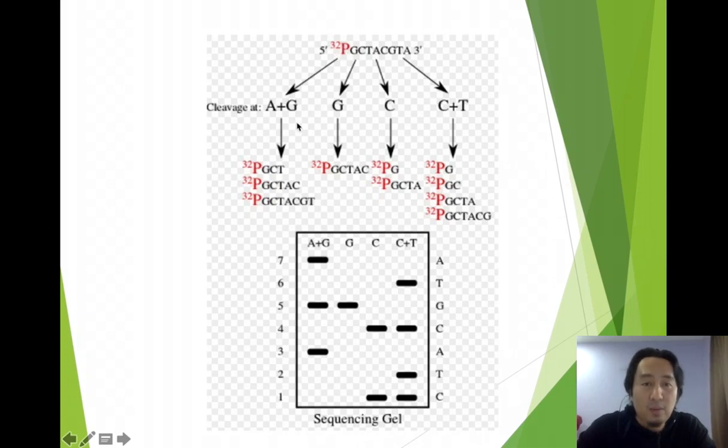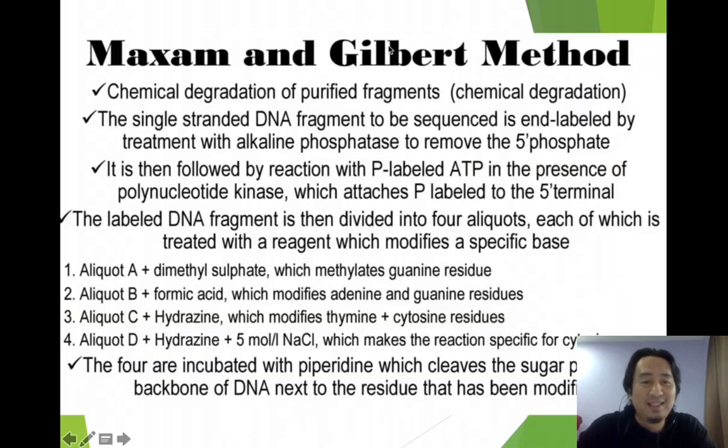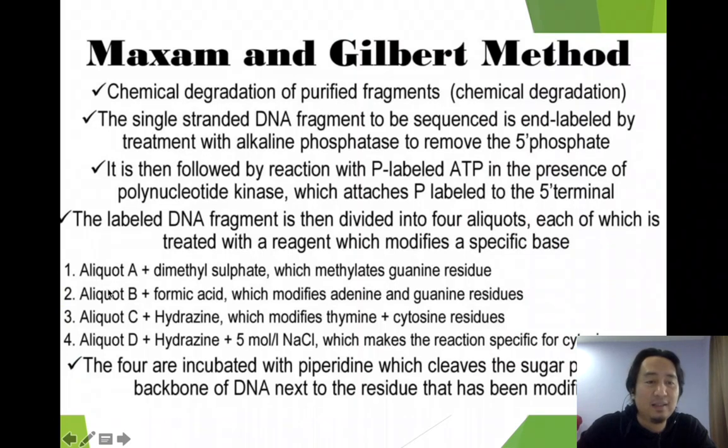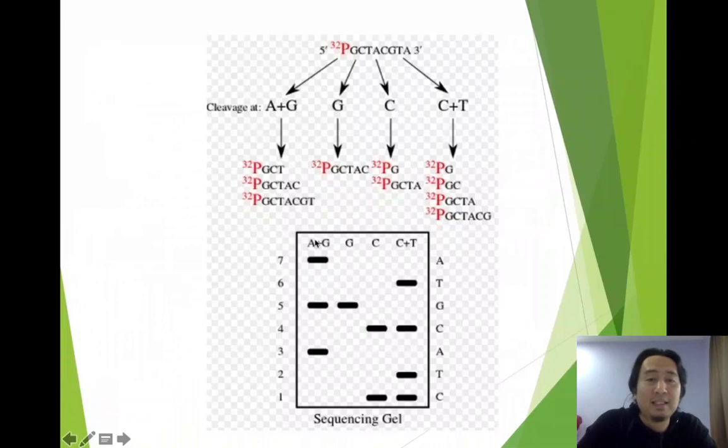So test tube number 1, you will add DMS, so you recognize A plus G. Sorry. Test tube A, you add formic acid, will recognize A and G, and the test is reversed. Okay, in the first test tube you add DMS, so you only recognize guanine. On B you add formic acid, you recognize adenine and guanine, but here it is reversed.